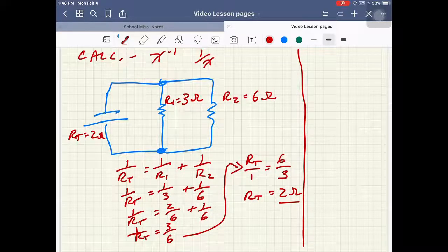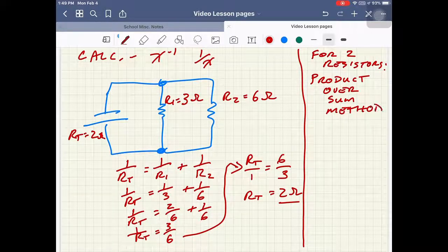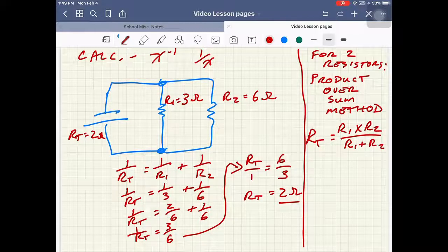These were pretty easy numbers to work with, but for 2 resistors, you can use what's called the product over sum method, where the formula for that is going to be R1 times R2 over R1 plus R2. Product of the 2 divided by the sum of the 2.